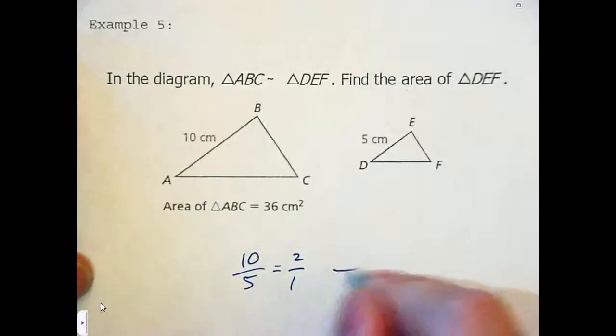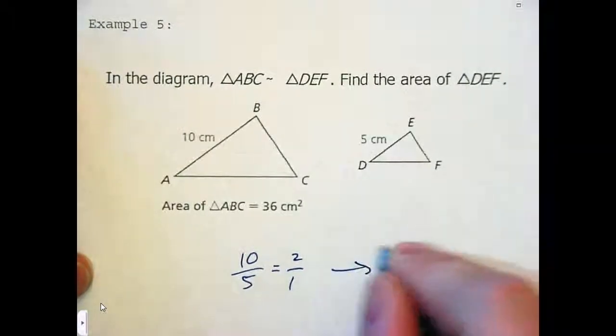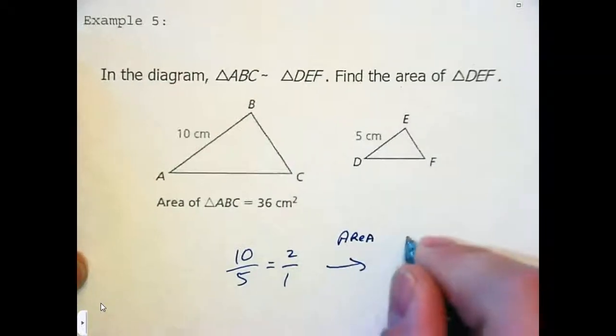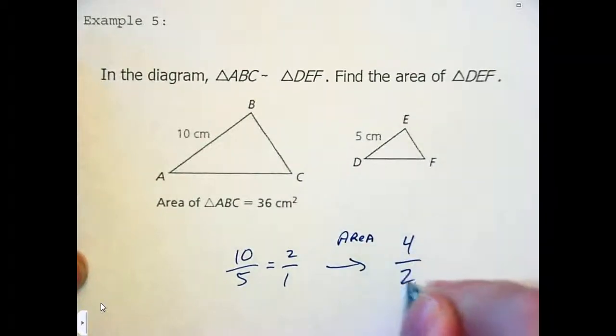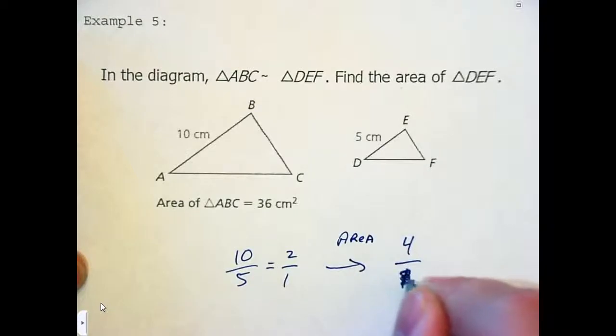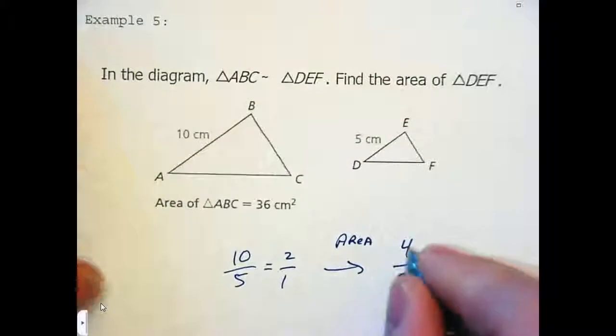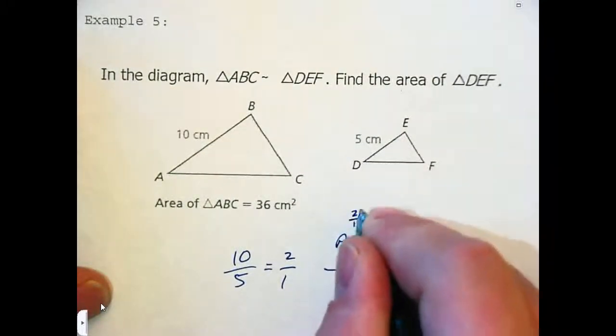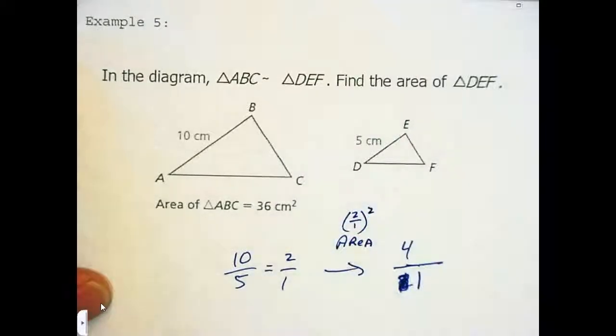What's our area ratio then? Area would be, we've got to square it. So it would be 4 to 1, not 4 to 2. 4 to 1. Okay? So make sure that you square this. You have to go 2 to 1, quantity squared, to get that 4 to 1.